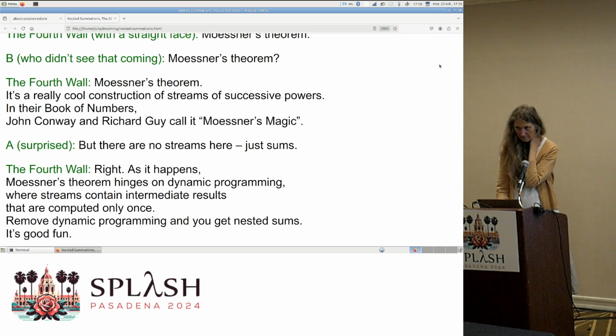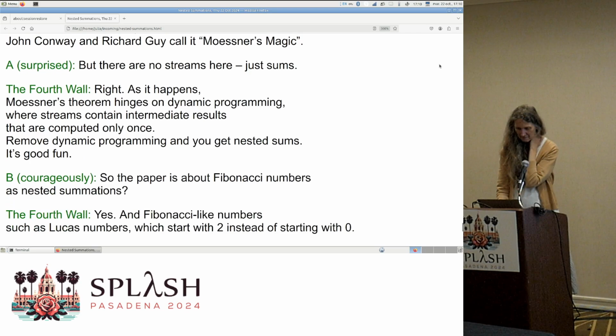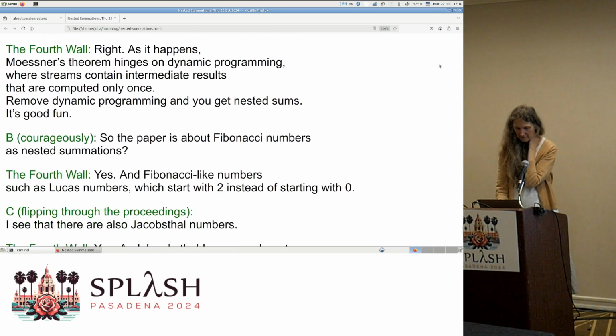But there are no streams here, just sums. Right. As it happens, Mazur's theorem hinges on dynamic programming, where streams contain intermediate results that are computed only once. Remove dynamic programming, you get nested sums. It's good fun.